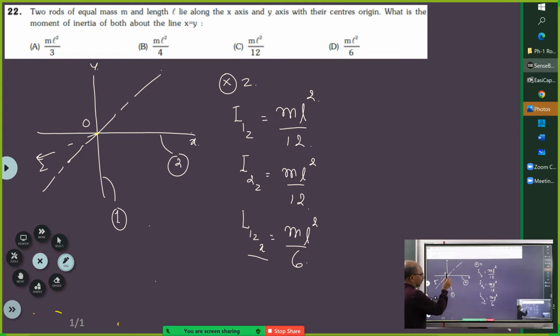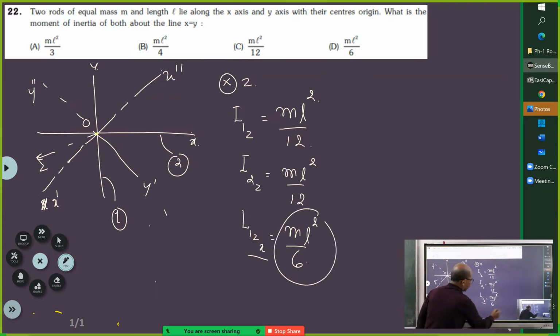The moment of inertia axis is perpendicular to this board and passing through O. Now convert that into perpendicular axes. So this is x dash, x double dash, and y dash, y double dash.